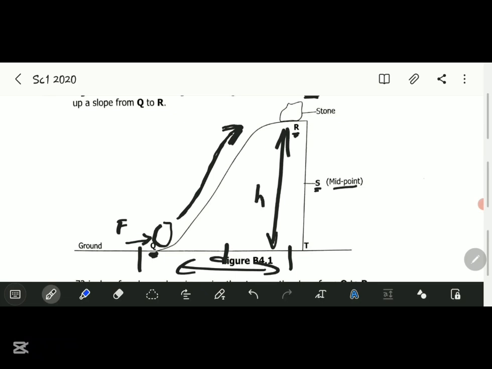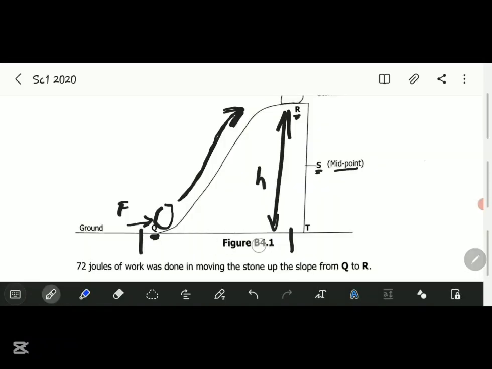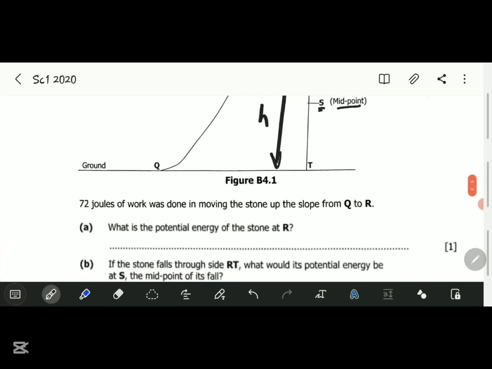So let's be careful on that one. The work being described here is work against gravity and not the work done by the force. If it was the work done by the force, it would have been mentioned in the question. So we get rid of all that and continue.